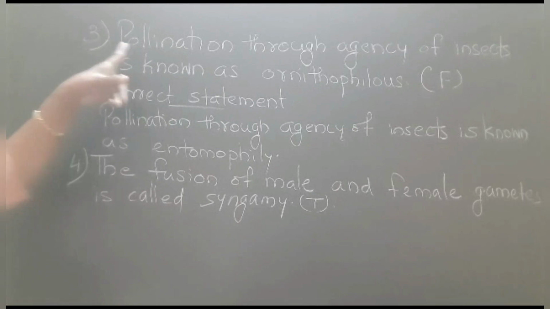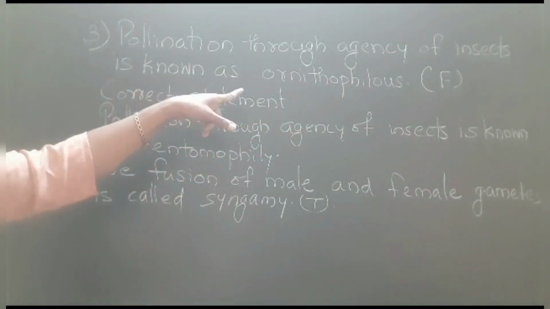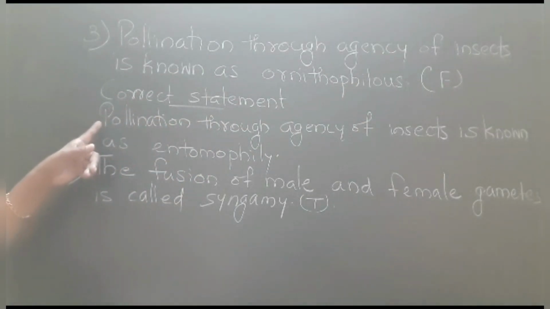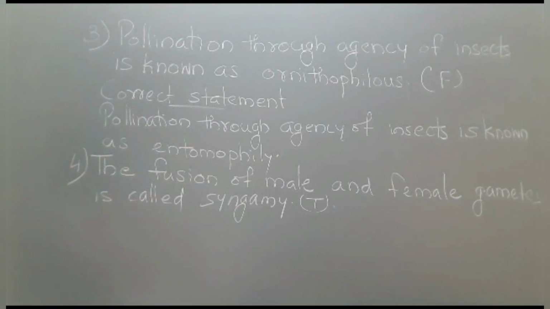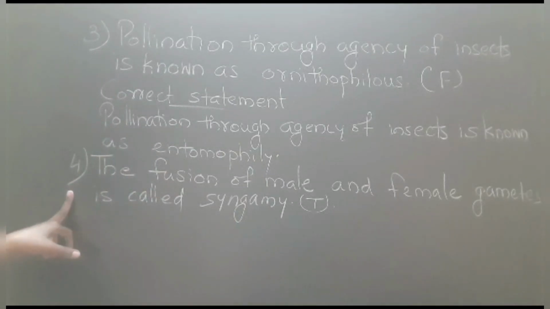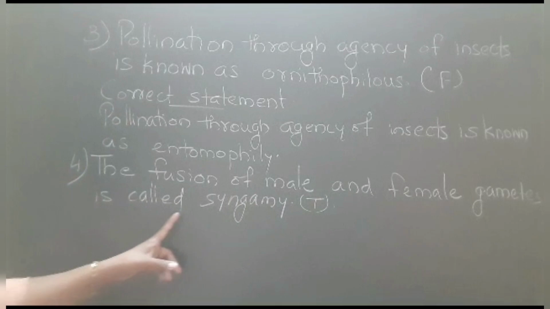Third one, pollination through agency of insects is known as ornithophilous. The statement is false. The correct statement is, pollination through agency of insects is known as entomophily. Fourth one, the fusion of male and female gametes is called syngamy.